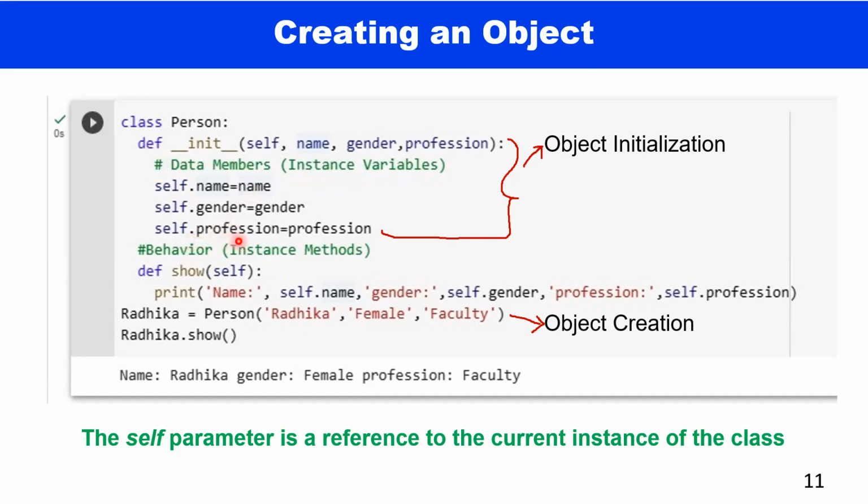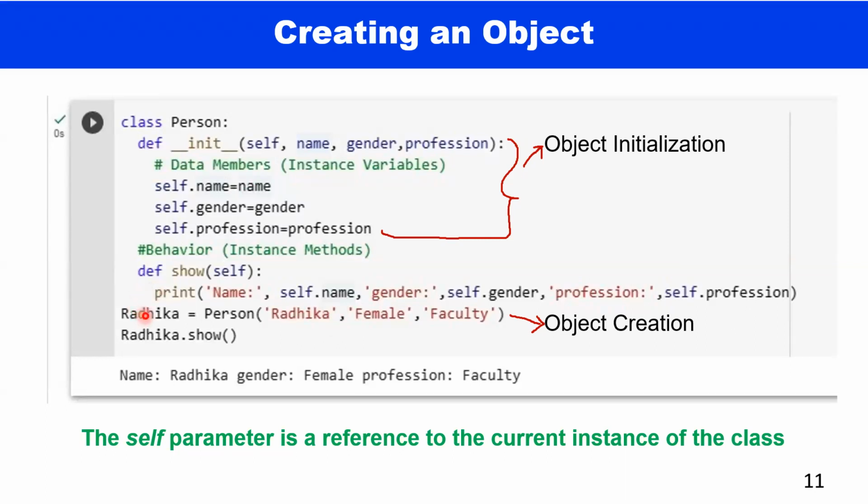Similarly, self.profession is going to be assigned the profession value that you pass as an argument whenever you are initializing the object. So this is how you can create the object. Here you are passing three different values.